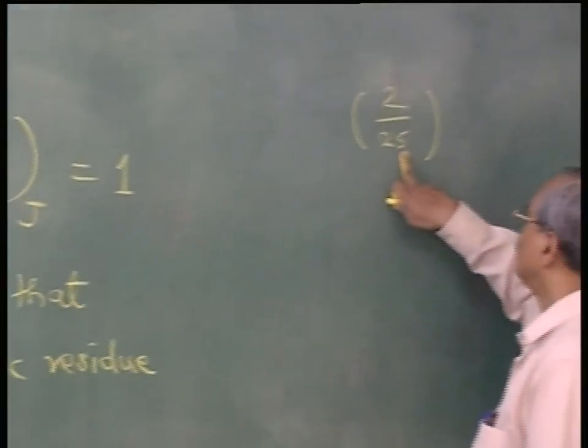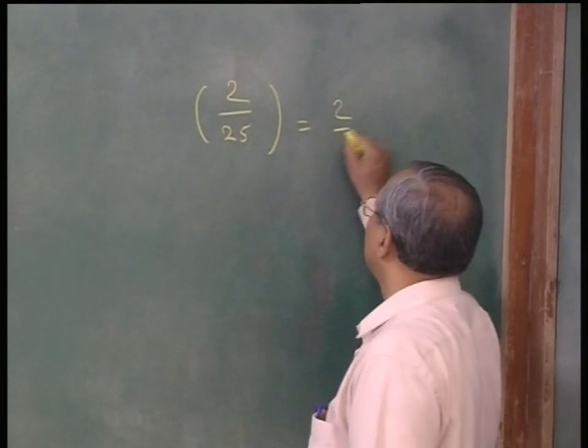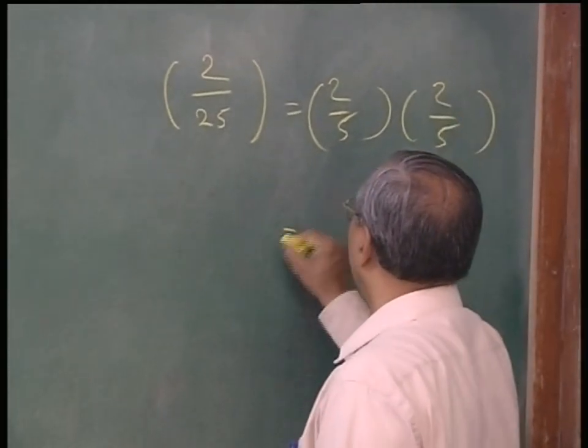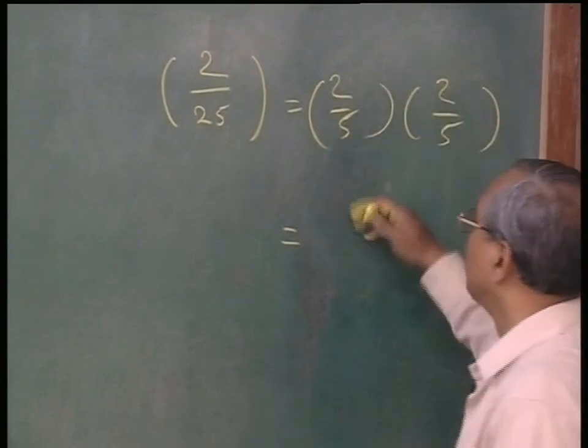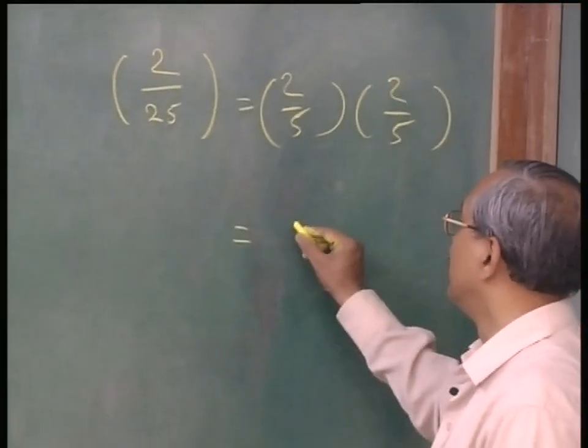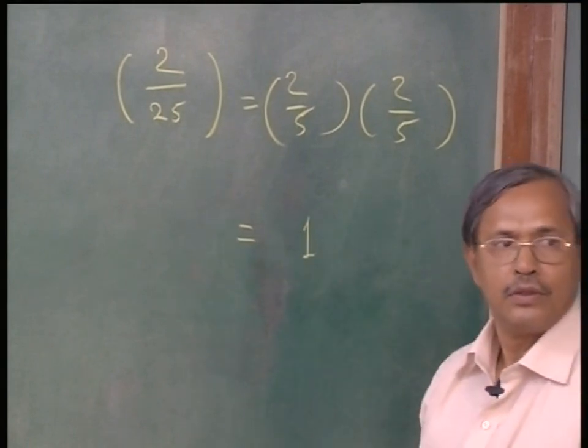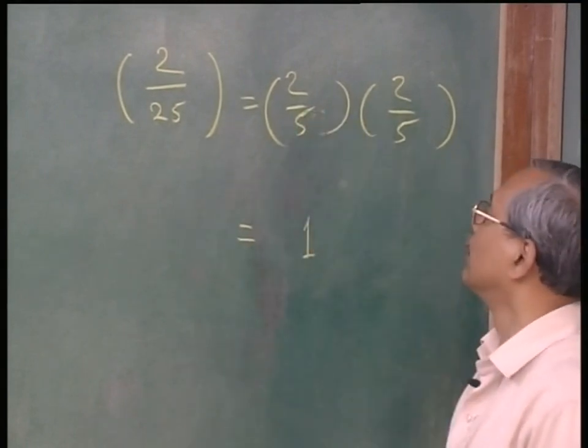What is (2/25)? It is (2/5) times (2/5), and this is the square of something, plus or minus 1, whatever it is. So it is the square of this quantity.